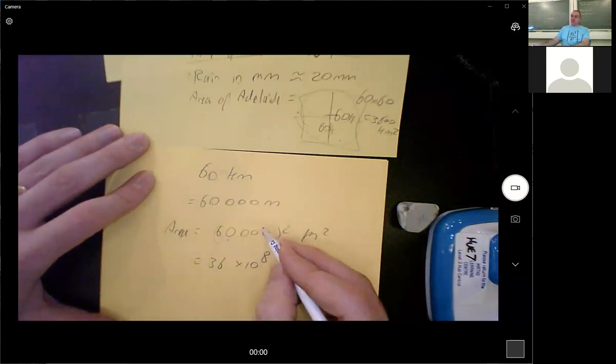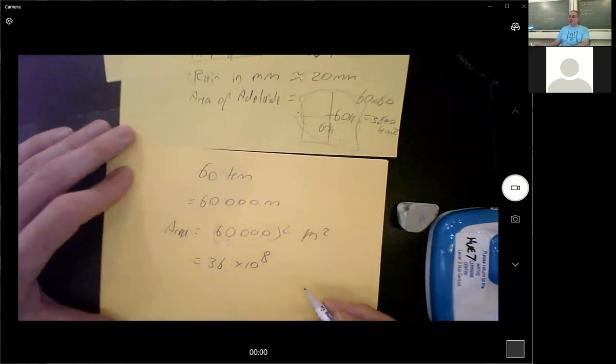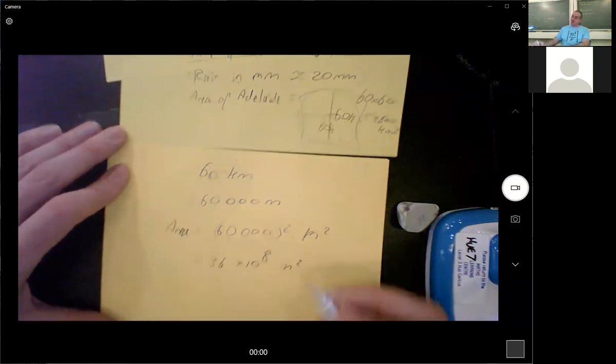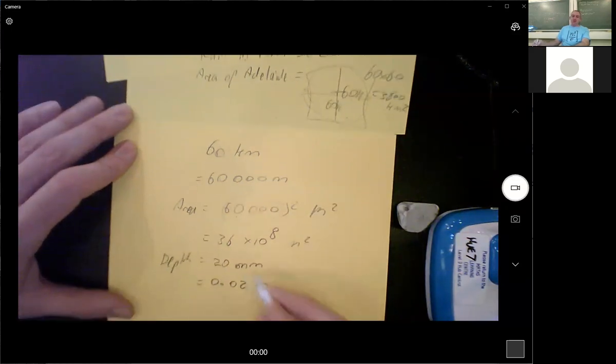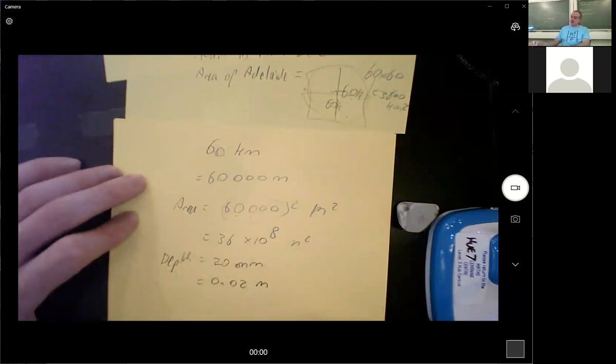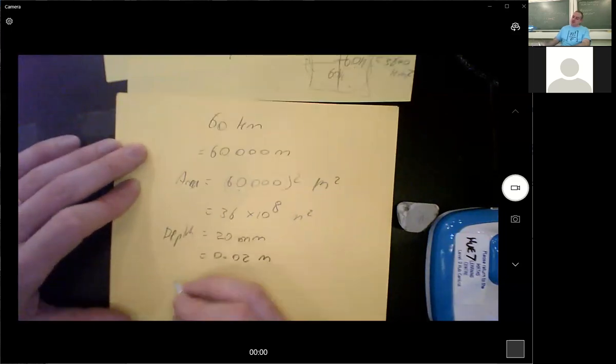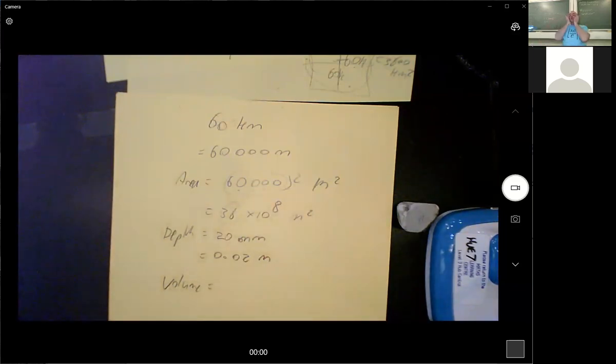So that's 10 to the power of 4, and when I square it, I get 10 to the power of 8 meters squared. And the depth is 20 millimeters, which is 0.02 meters, because a millimeter is a thousandth of a meter. And so the volume is 36 times 0.02. 36 times 2 would be 72.